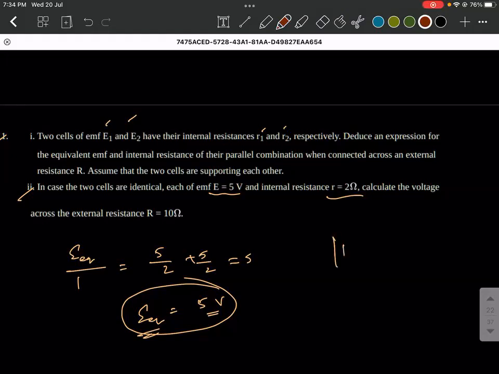The equivalent cell will be 5 volt with 1 ohm, which is connected across a resistor of 10 ohm. Are you guys able to understand this? So what I did is, both the cells I replaced with an equivalent EMF of 5 volt. And both the internal resistances were replaced with 1 ohm.